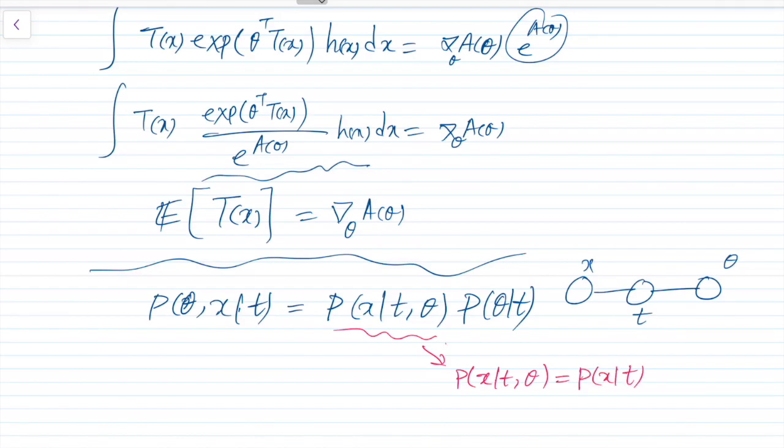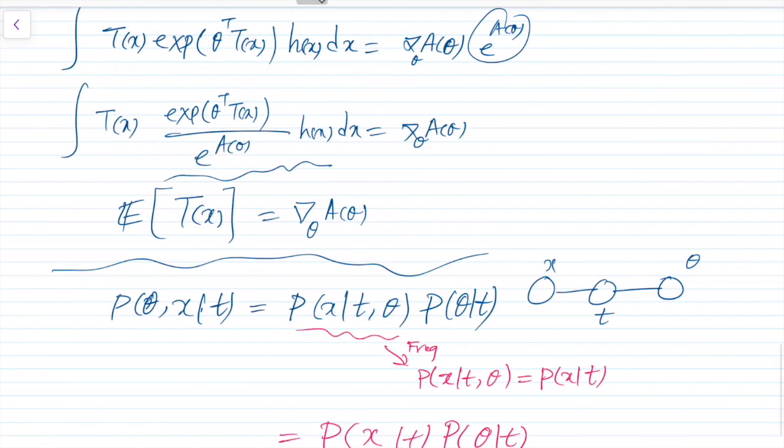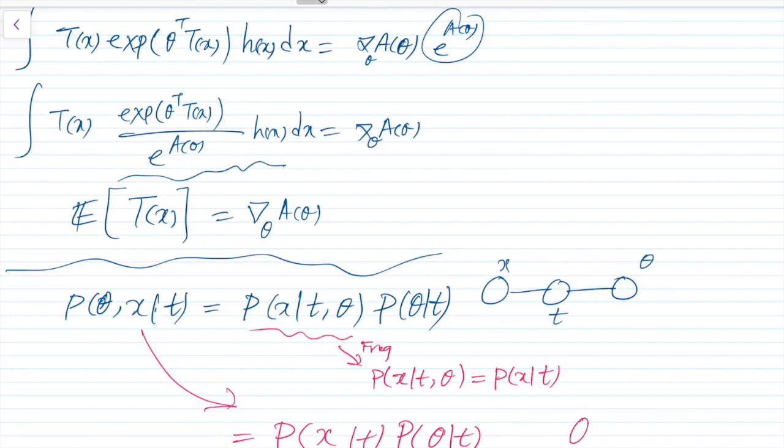I can write this as p(x given t) p(theta, t). So the joint distribution becomes like this. What does it mean? It means that theta and x given t are conditionally independent.